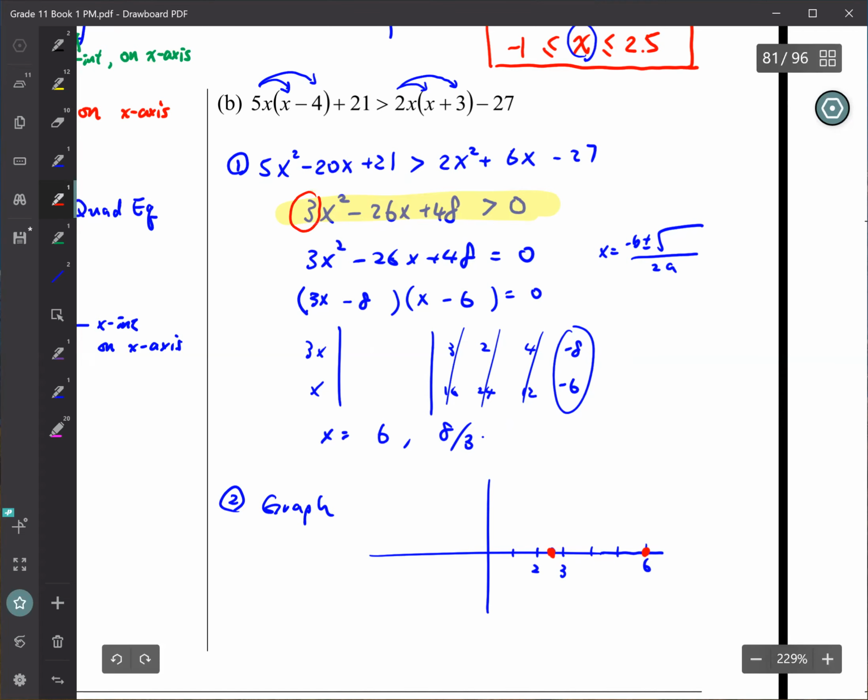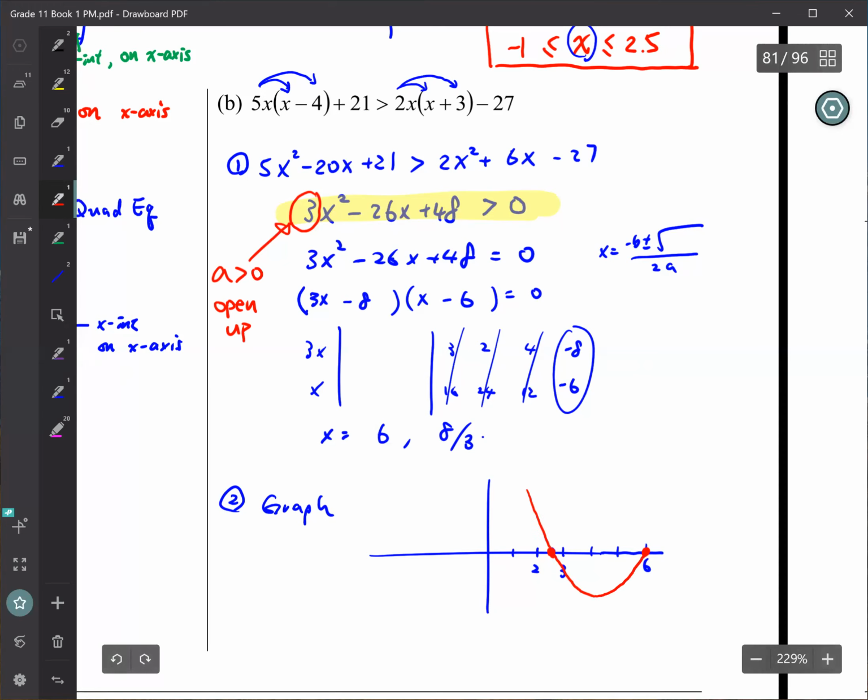Yes, okay. You look at the general form, the value for A. This A, is it positive or negative? Positive. Yeah, so if it's positive, then it opens up. If it's negative, opens down. Got it? Okay, so make sure you look at the right place for open up and down.